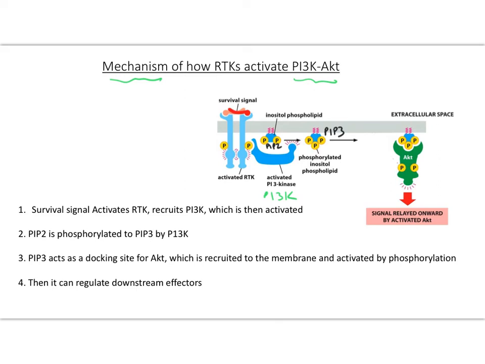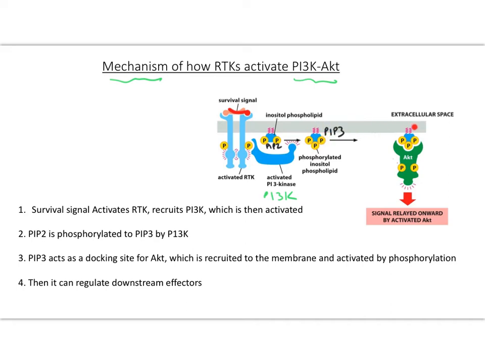So basically, going through step by step, there's a survival signal, which activates the RTK that recruits PI3K right here, which is then activated. So this becomes its active form. That means then it can phosphorylate PIP2 and make it into PIP3, which is this part right here.